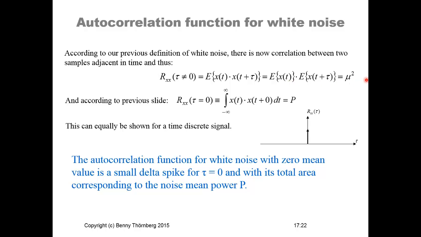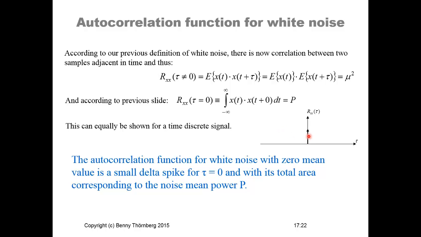In the end we have the result of mu squared for the autocorrelation function whenever tau is separate from 0. And when it is equal to 0, then according to the development from the previous slide, we will get the total mean power.